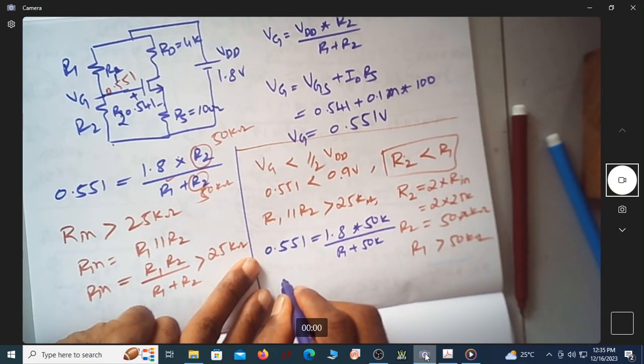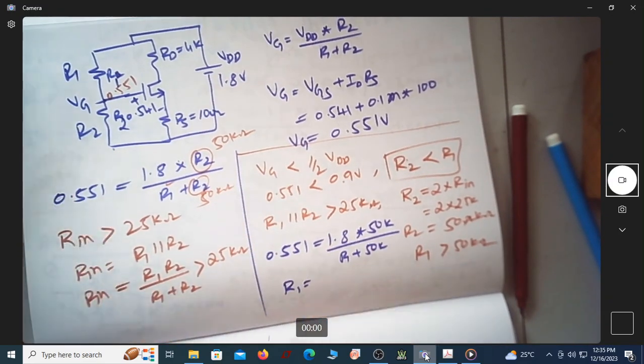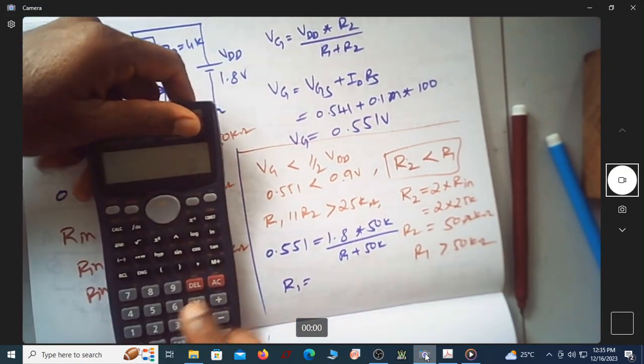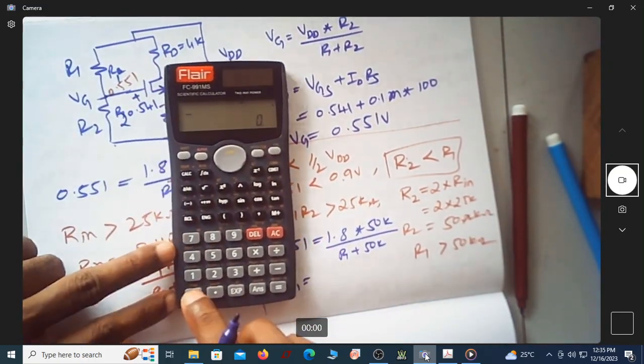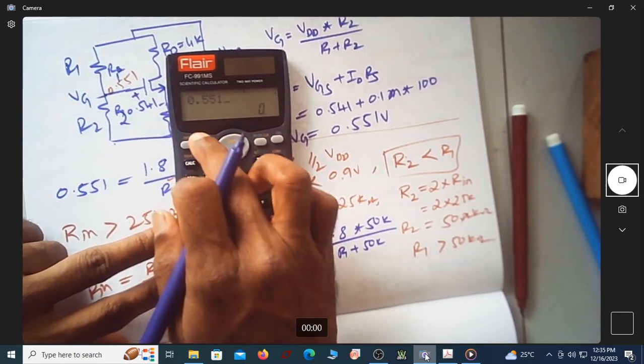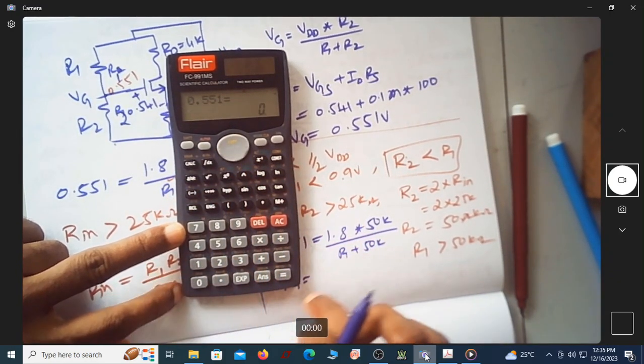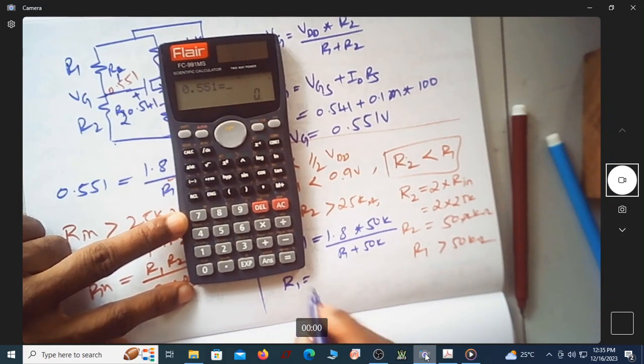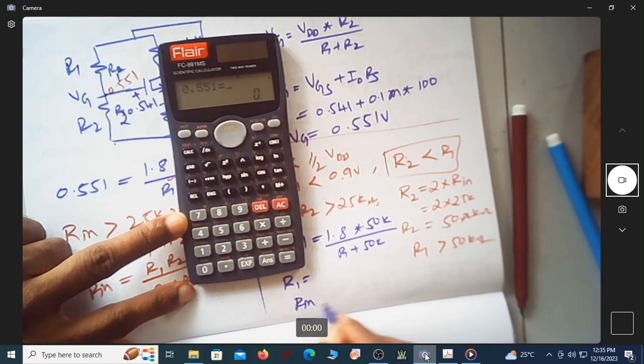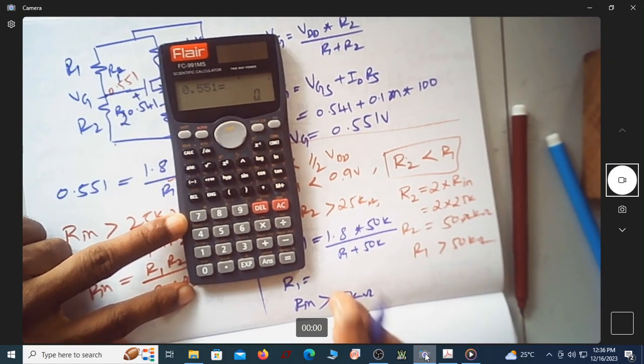Upon solving this, I can find the value of R1. This will certainly give some value of R1, then R in will be certainly greater than 25k. We'll actually find out how much is that.